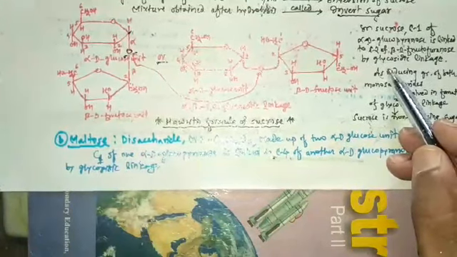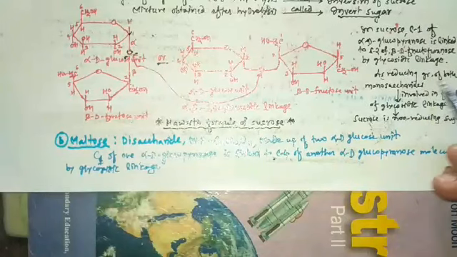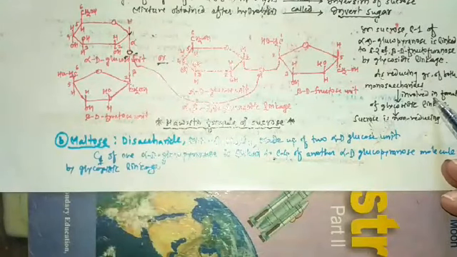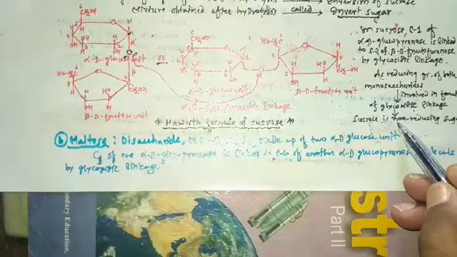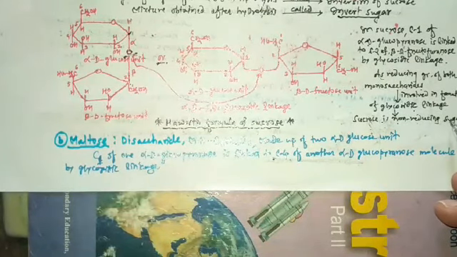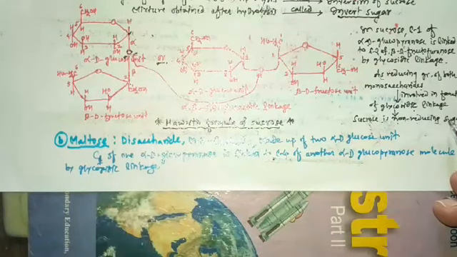As the reducing groups of both monosaccharides are involved in the formation of the glycosidic linkage, therefore sucrose is a non-reducing sugar. Why is sucrose called a non-reducing sugar?